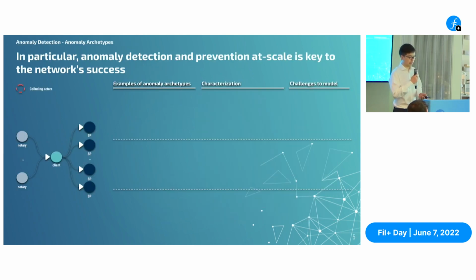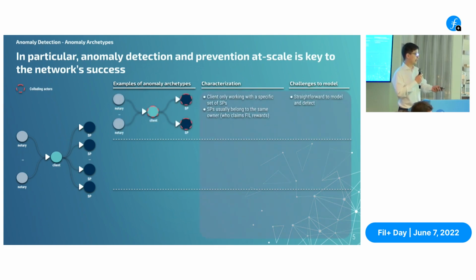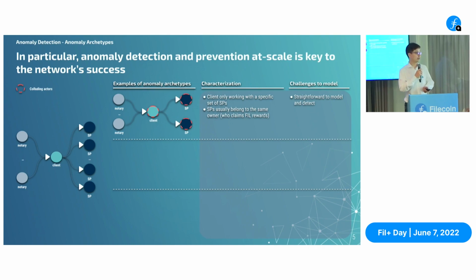So in particular, our product is concerned with anomaly detection and prevention at scale. And we'd argue that is very key to the network's success in the long term. So on the left, you see your familiar bow tie graph, but then on the right are a couple of examples of anomaly archetypes that we have observed. So your first type is when, hypothetically, the clients are colluding together with storage providers, and they have a predetermined set of storage providers they'll channel their data cap flow to, but basically without any type of proper DD happening.